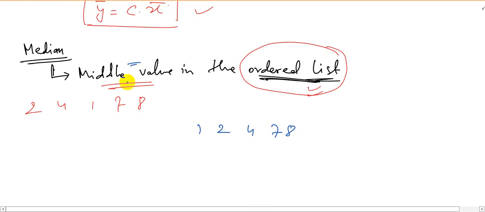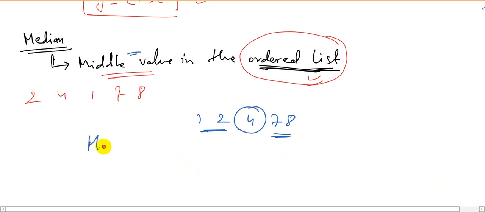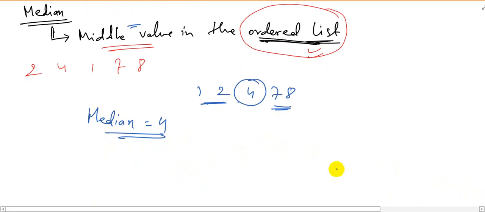The middle value is the value which is in the middle: to the left of that value there are some number of data points, and the same number is there to the right of it. So we can say it's 4 here, because to the left of 4 there are 2 values, and to the right of 4 there are 2 values. So the median of this data set is 4.